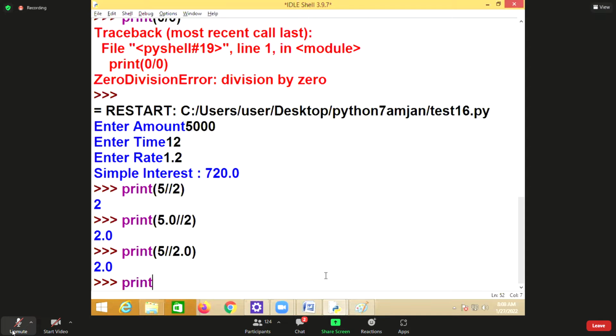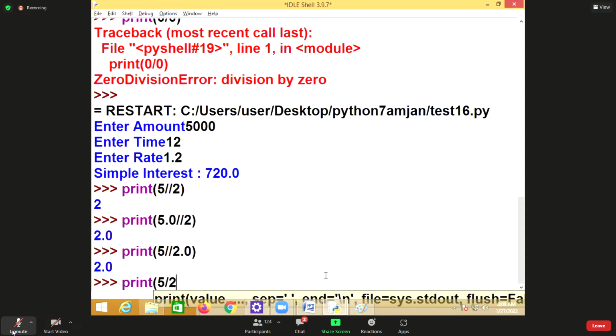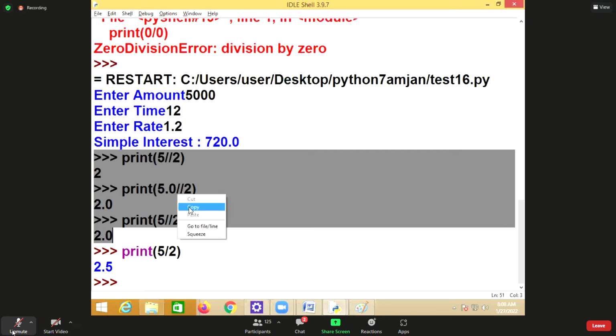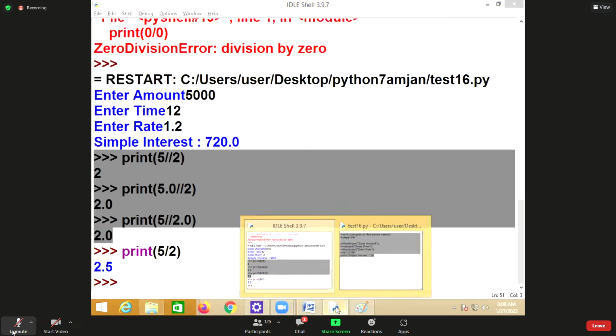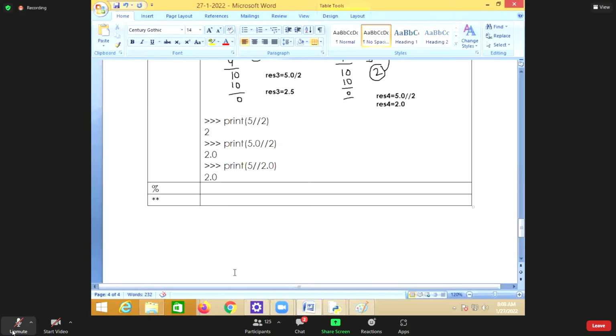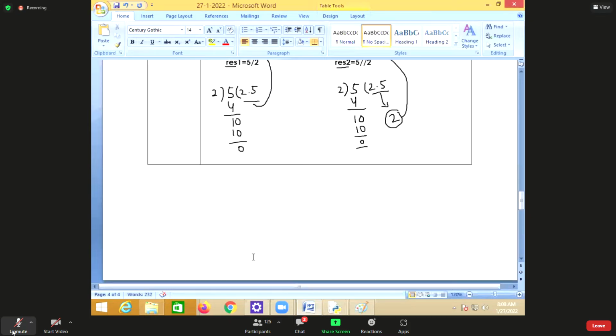But if I say print 5/2, this is float division, 2.5. And this other one is floor division. So there is float division and there is also floor division.